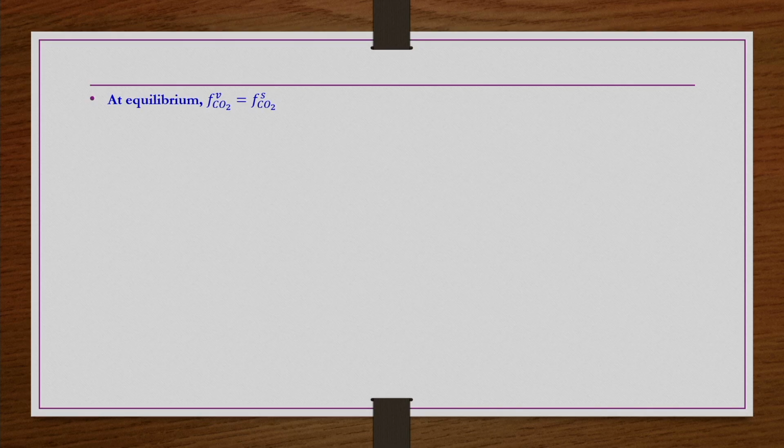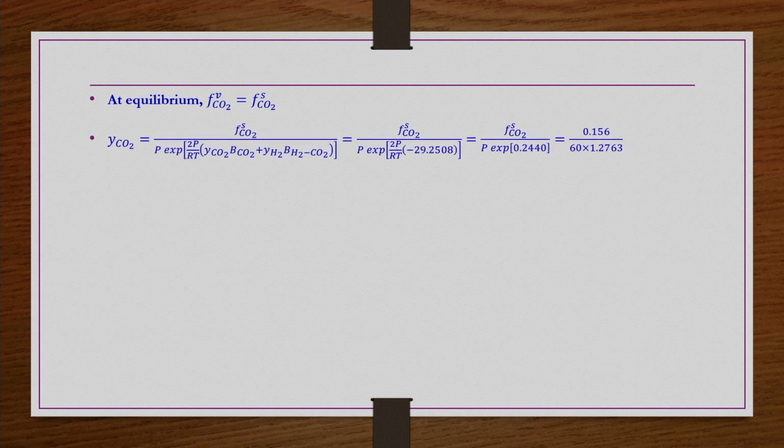So, if you wanted to know how many moles of compression has taken place, you have to know the composition at the equilibrium, right. So, at the equilibrium what we know is FCO2 V should be equal to FCO2 S. FCO2 S is a constant that we already got as 0.156, and FCO2 V is nothing but phi CO2 V YCO2 P. This is what we know.